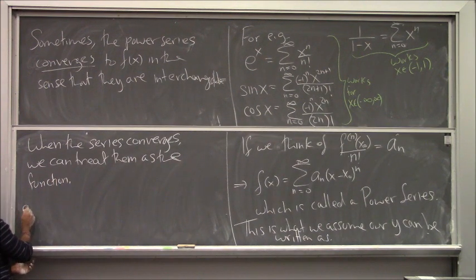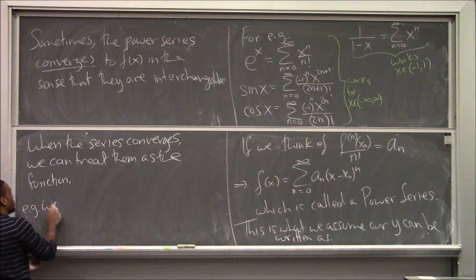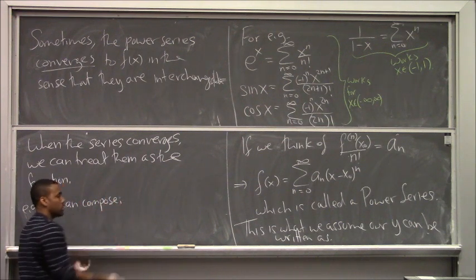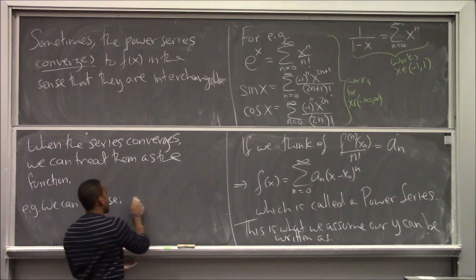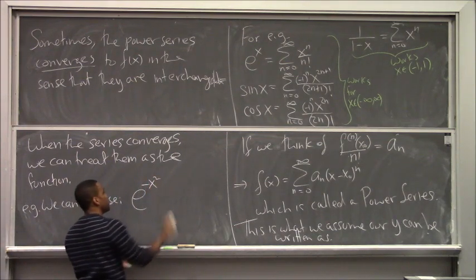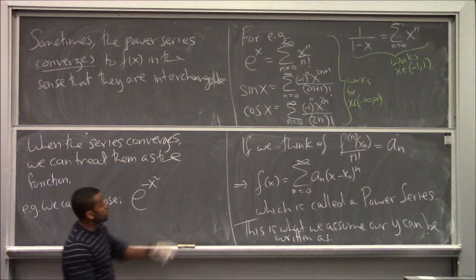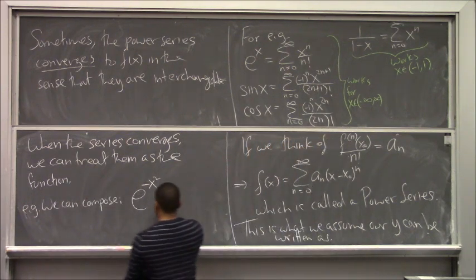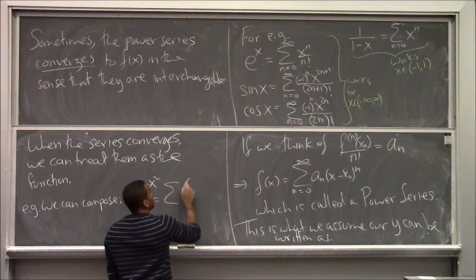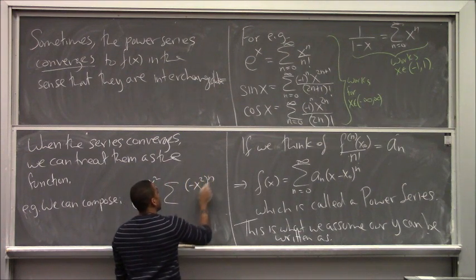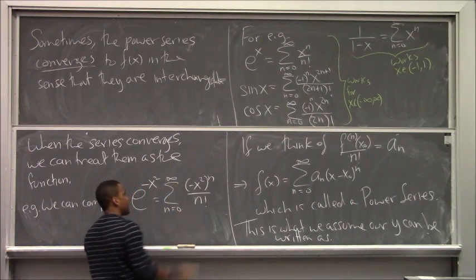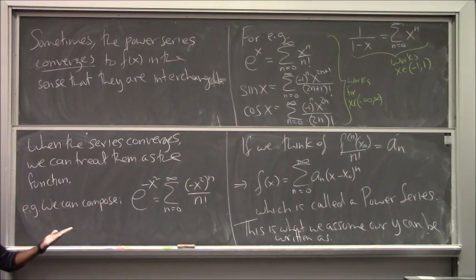We can compose. So, for example, if I wanted to write e to the minus x squared, all I would have to do is go to that power series, and wherever I see x, I would plug in minus x squared. I can literally just plug into the series just like I could plug into the function.